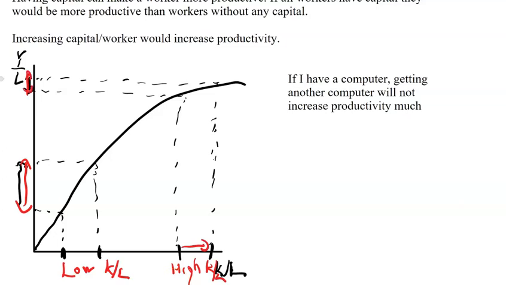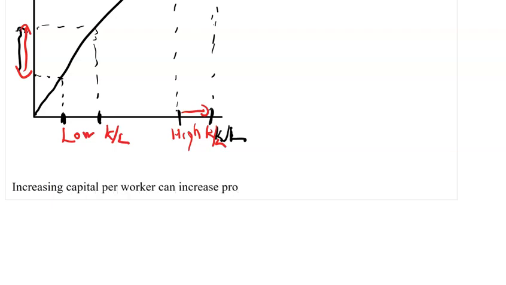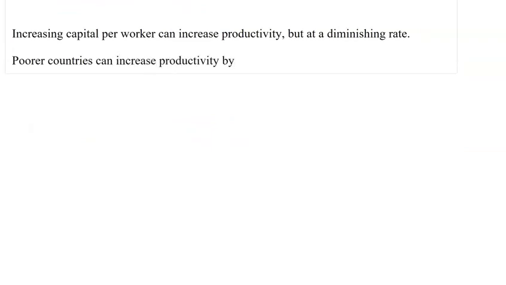So increasing capital per worker can increase productivity, but at a diminishing rate. Poorer countries can increase productivity by increasing capital per worker.